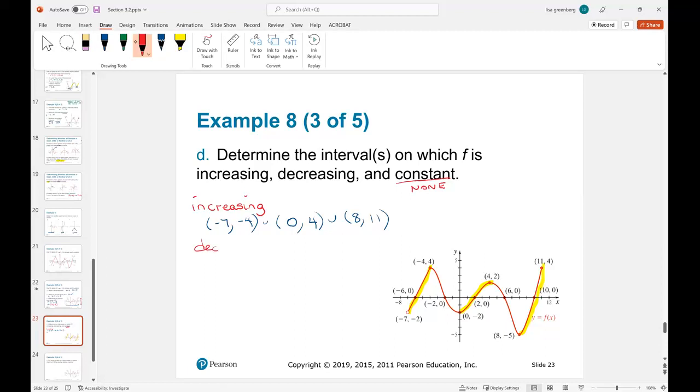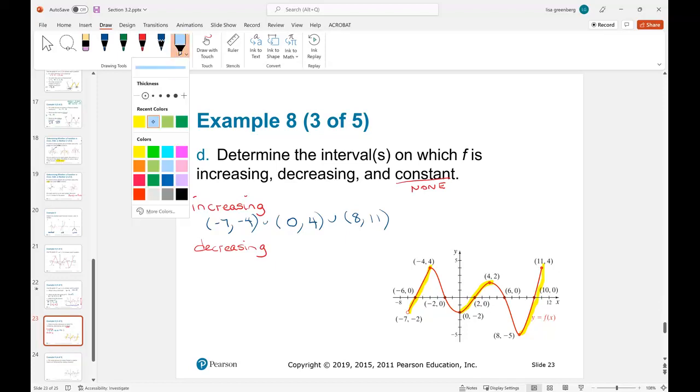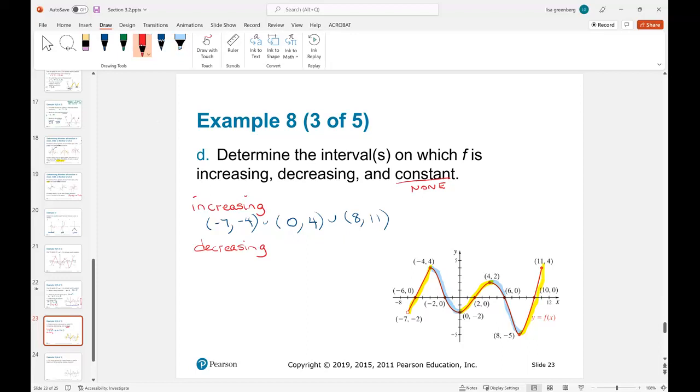Decreasing. So where is it decreasing? It's decreasing everywhere it's going down. So it's going down there, and it's going down there, and that's it.